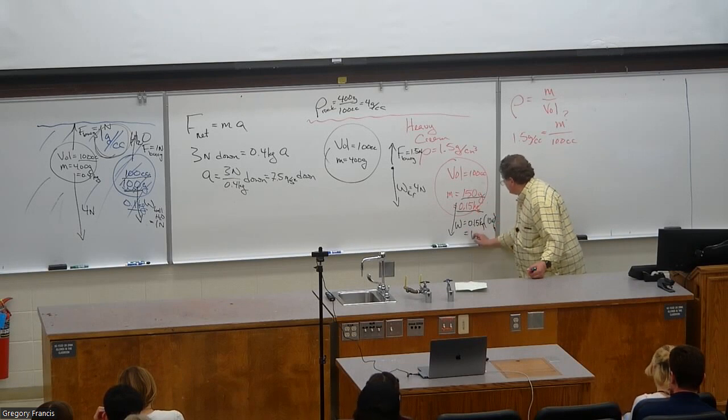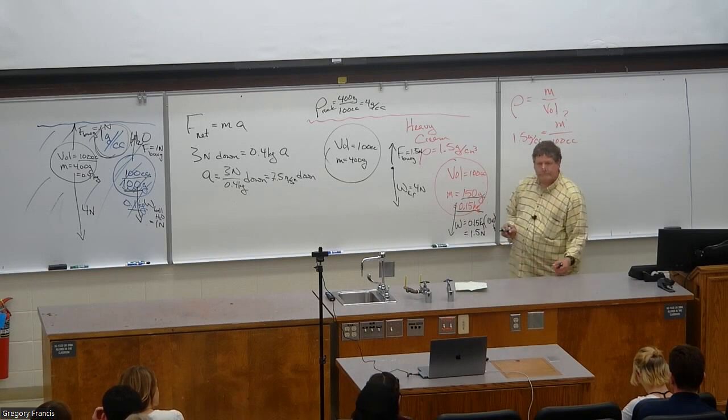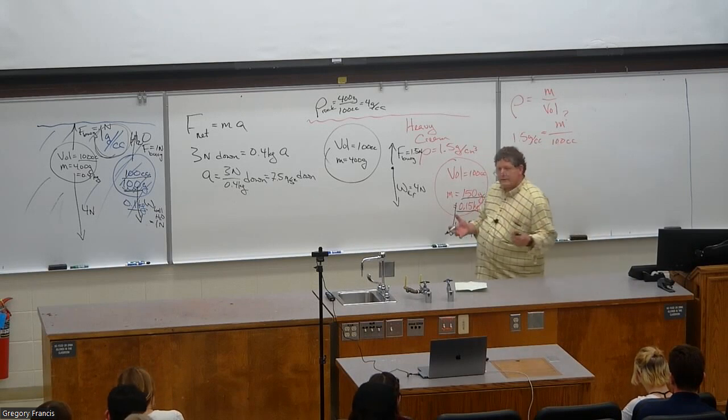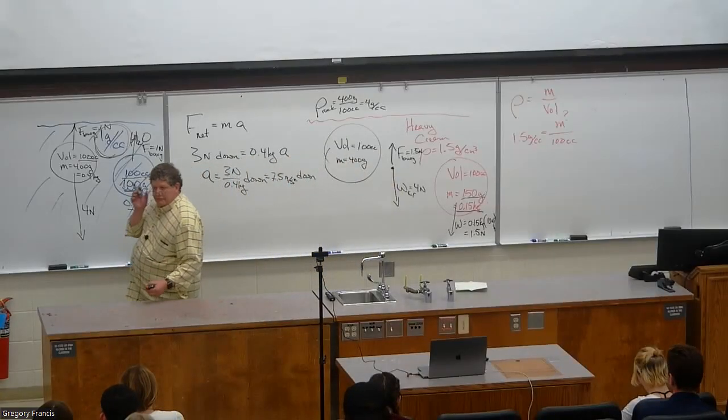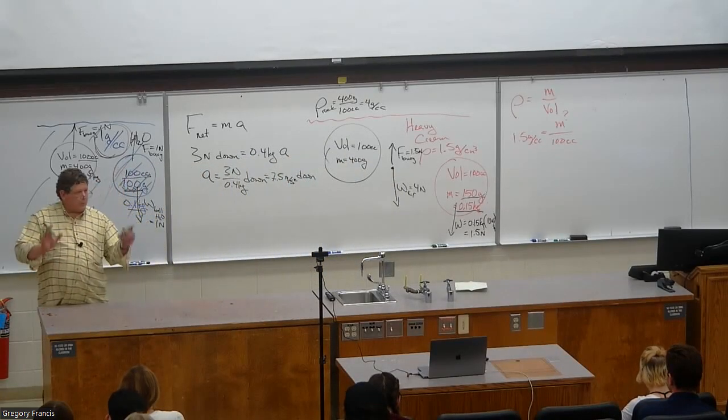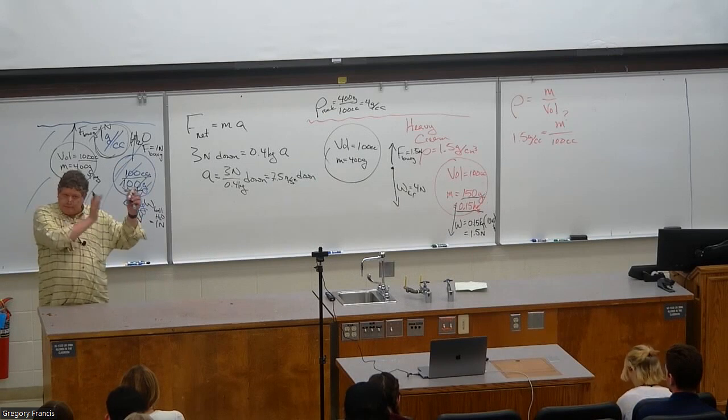And that's going to be 1.5 newtons. It's just like what we did in the second part of the class, as we prepared for that second exam. Whenever we wanted weight, we just took whatever the mass was in kilograms, multiplied by 10.